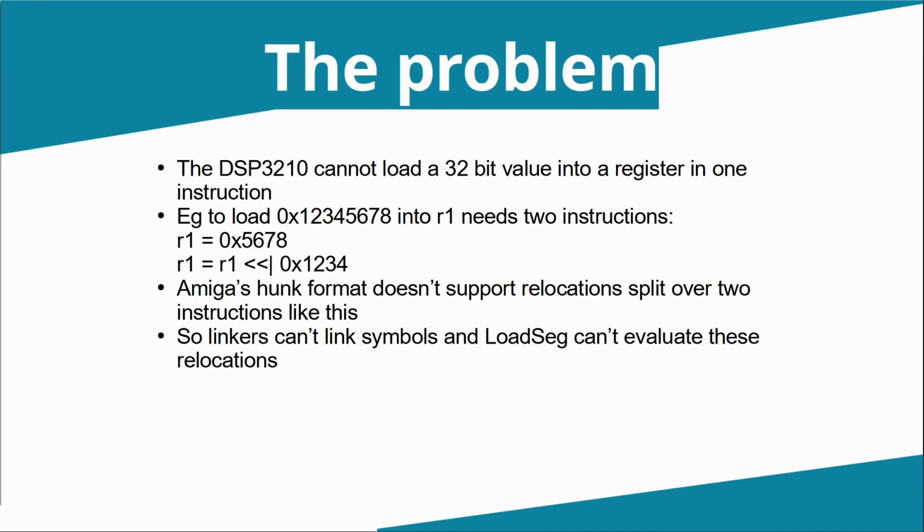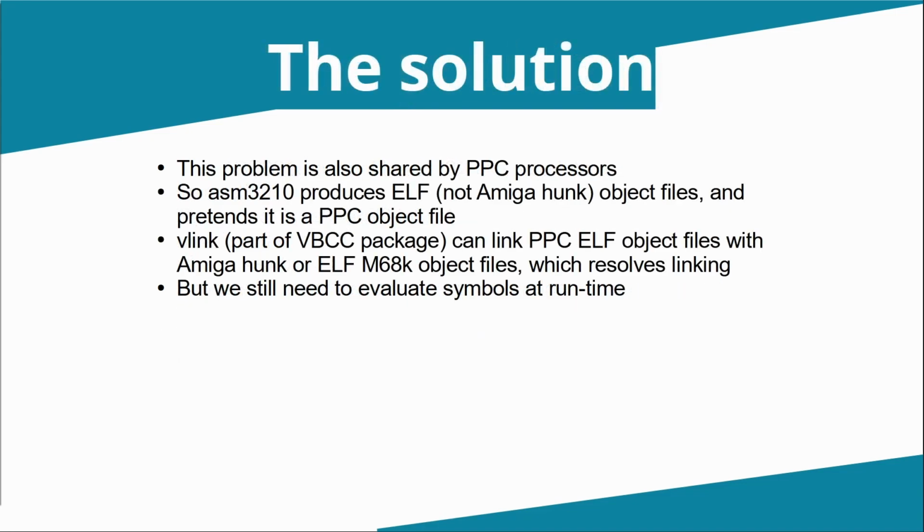In other words, we can't use conventional linkers that rely on Amiga hunk format, and moreover, LoadSeg can't evaluate those relocations. So what are we going to do? Well, part of the problem is also shared by PPC processors in the sense that they too cannot load 32-bit values in one instruction.